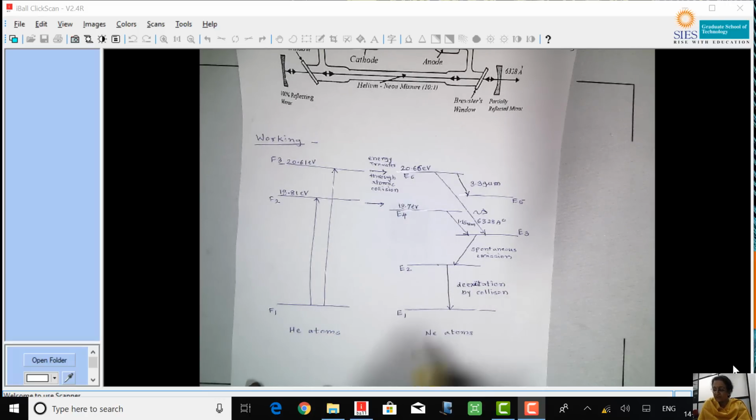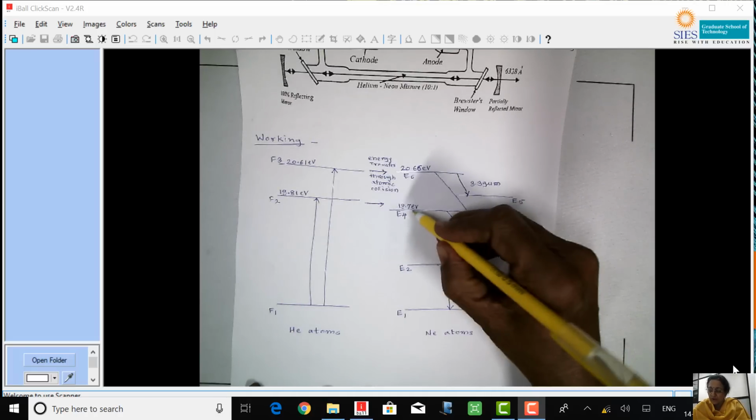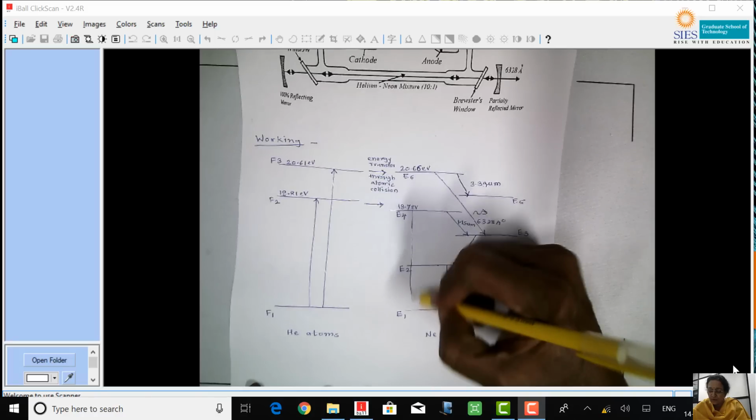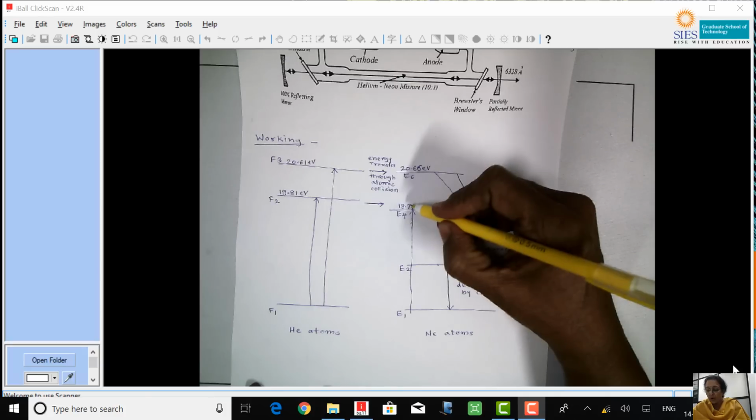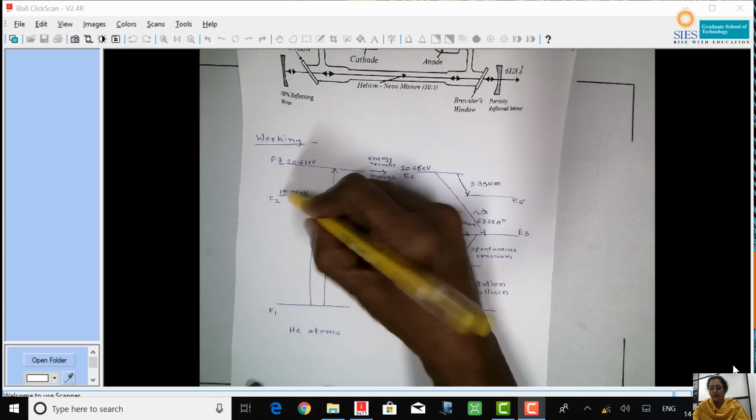Now neon atoms, which are initially in ground state, get excited to energy level E4, whose value is 18.7, which is almost same as 19.81.